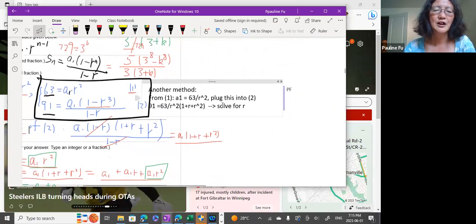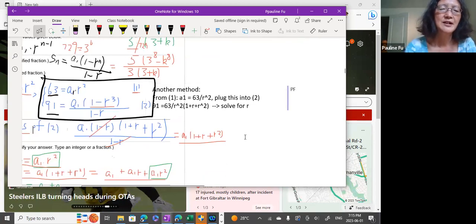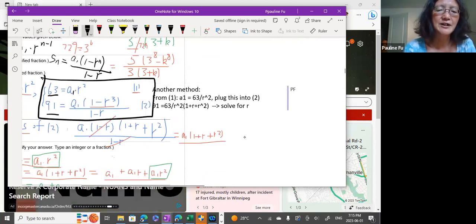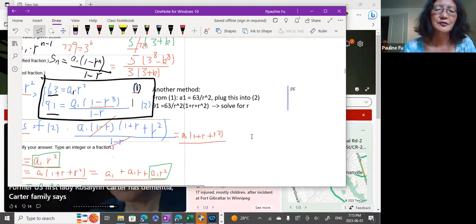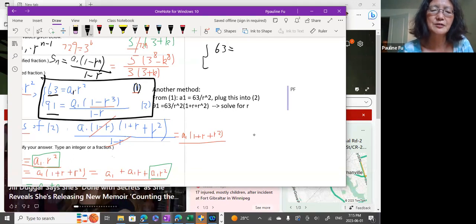So now let's solve this system of equations. I call this one equation 1. So right now we have 63 equal to A1 R squared.